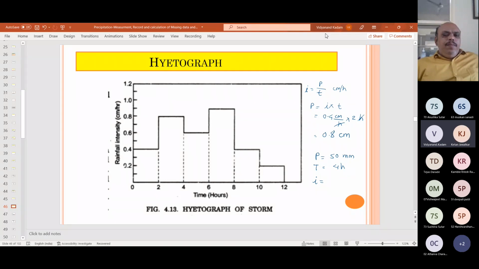Sir, 12.5. Right, it is 50 divided by 4 per hour.